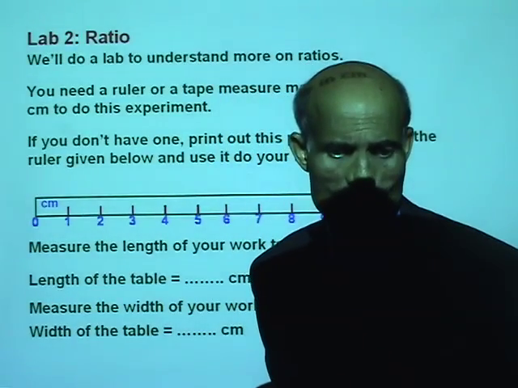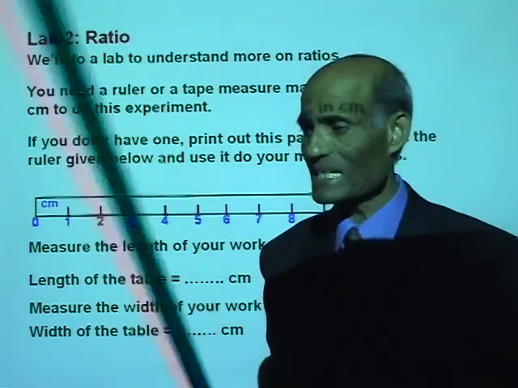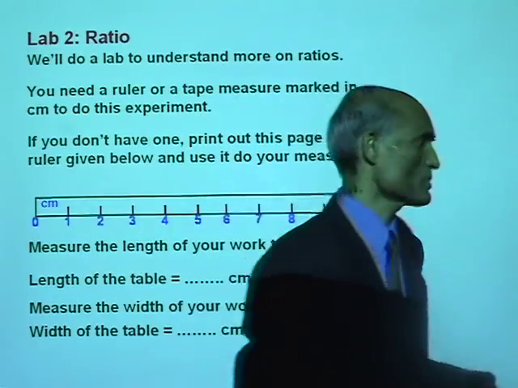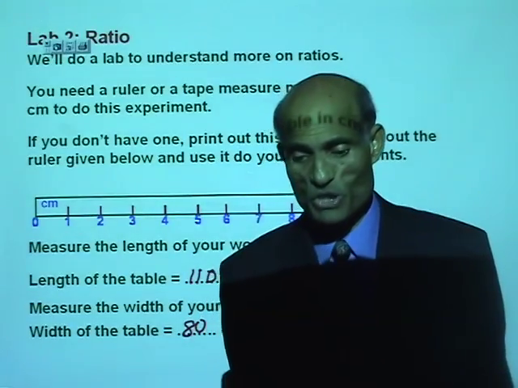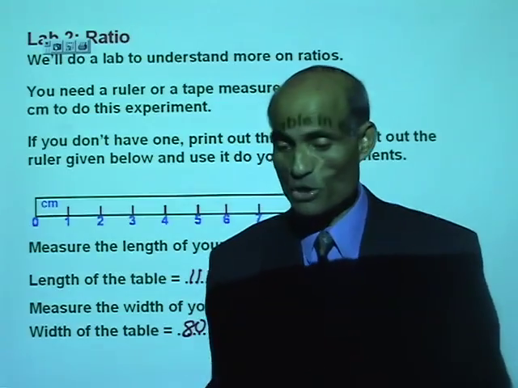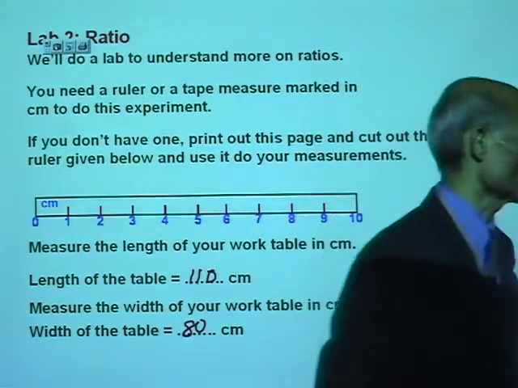I got it as 80 centimeter. So, the width of my table is 80 centimeter. My length is 110 centimeter. The width is 80 centimeter. Alright, so you watch me do this, and you've got to do that on your own later on.